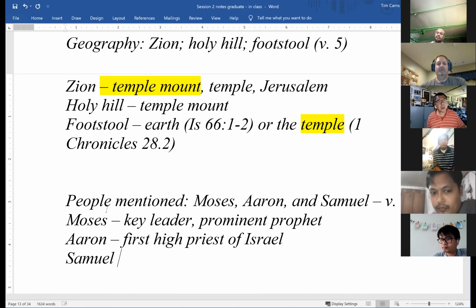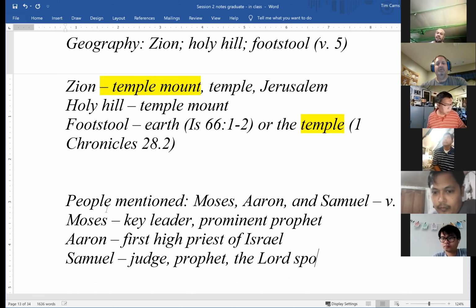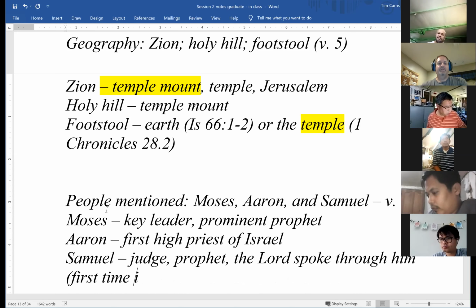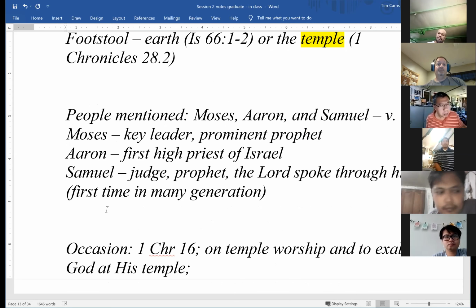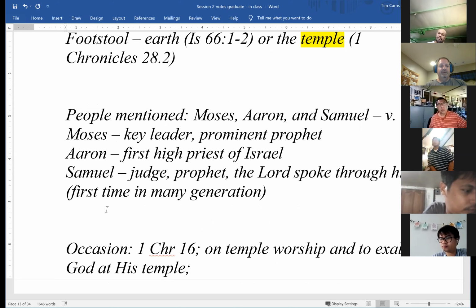Samuel, again, was a judge, prophet, and the Lord spoke through him, again, the first time in many generations. If you go back to the book of Samuel, it said the word of the Lord was infrequent in those days, and then Samuel was raised up by the Lord. Okay? So we won't discuss what they are doing here or how they are connected. That will come later, but at least we want to identify who the people are mentioned in this psalm.